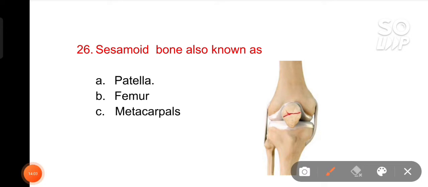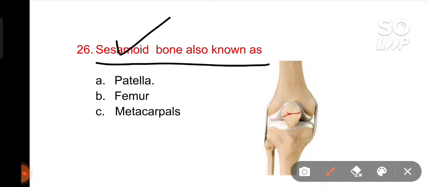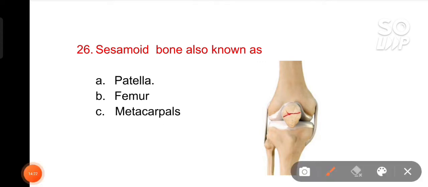The next question is: sesamoid bone is also known as what? What is the other name for sesamoid bone in the human body? The options are patella, option B femur, option C metacarpals. The right answer is patella.